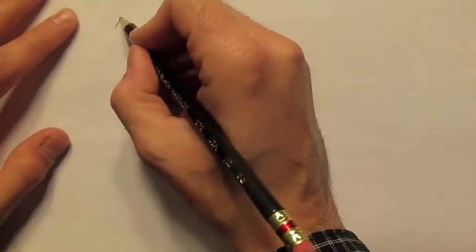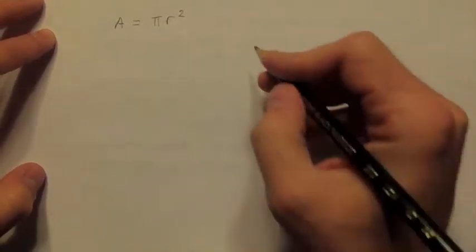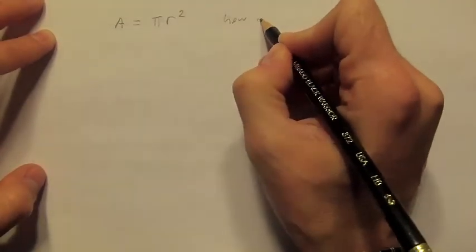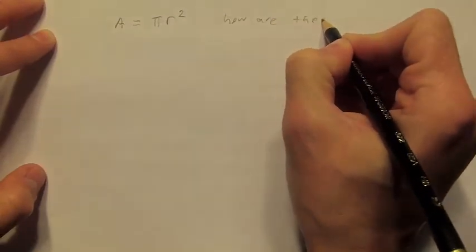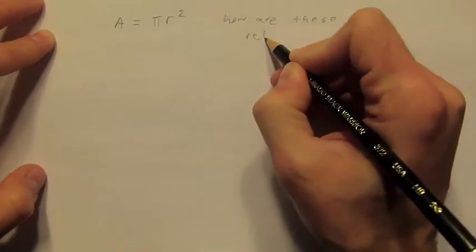Let's look at the area next, because that one is actually a little more interesting, right? Because we have the area, right, is pi r squared, and we want to see how these rates are related. Okay, so how are these rates related?